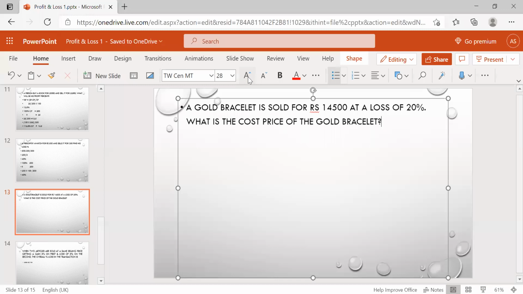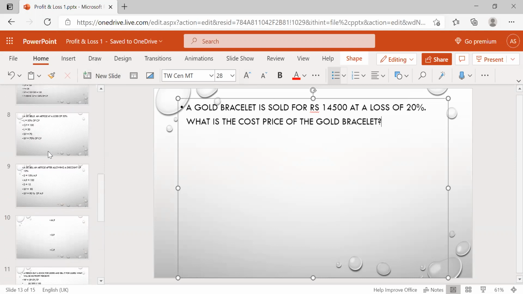So what they're asking: a bracelet is there. The shopkeeper sold the bracelet for 14,500 rupees, but he got a loss of 20%. So what is the cost price of that bracelet? They are asking to find the cost price. We already know the cost price formula.